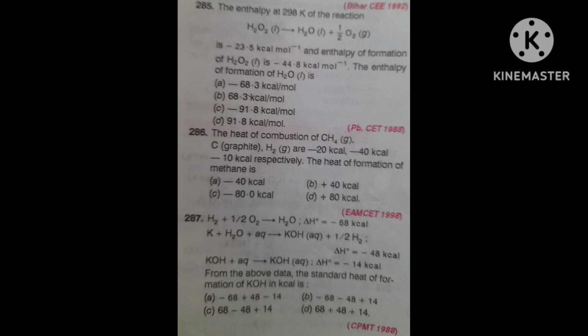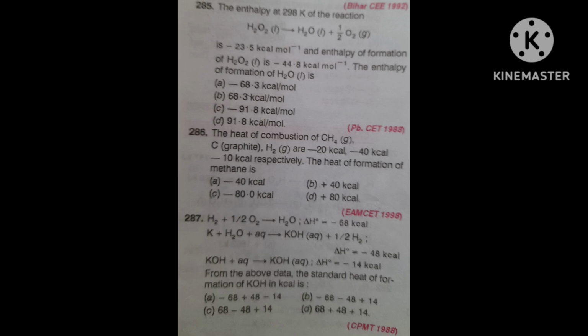Now the next question I am telling you. The heat of combustion of CH4 gas, carbon graphite and H2 gas are given: minus 20 kilocalorie, minus 40 kilocalorie, minus 10 kilocalorie respectively.